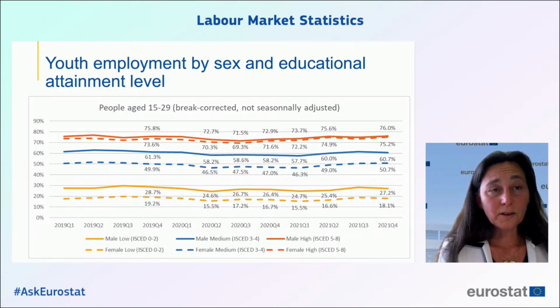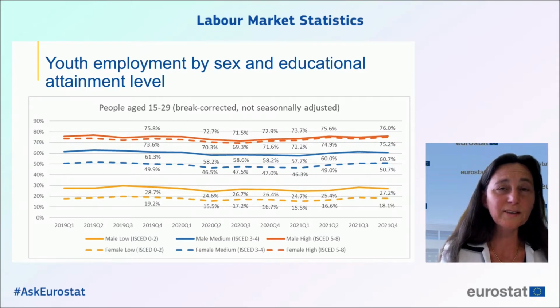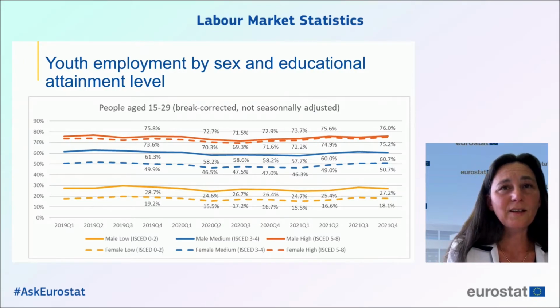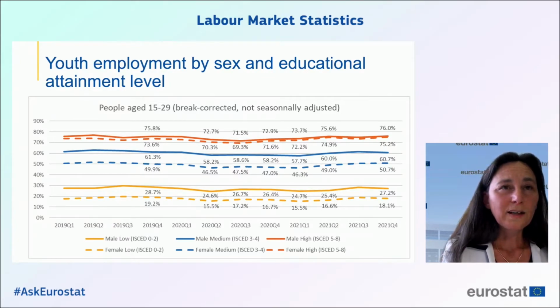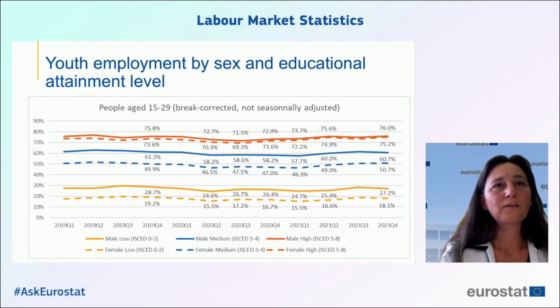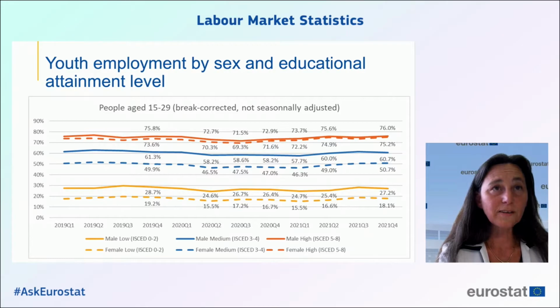Then, unfortunately, for the people with medium or low education, the situation is not so positive, because we can see that in Q4 2021, they have not yet reached their pre-COVID level. Then we can see in the middle of the graph what the variation really was in each quarter of the COVID situation.